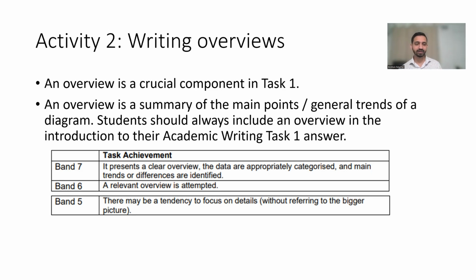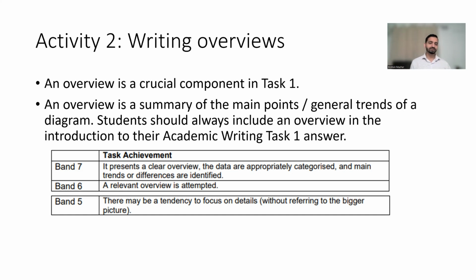It says in band 5, there may be a tendency to focus on details without referring to the bigger picture. That means there is no overview. If you don't have an overview, you can't score more than band 5. You're just focusing on the details, and you're not writing the overall big picture, which is the overview, right?